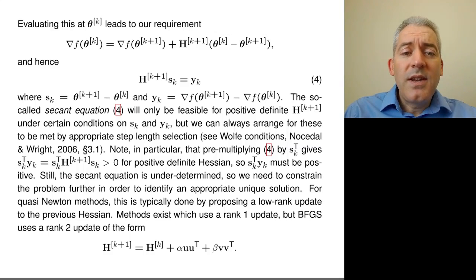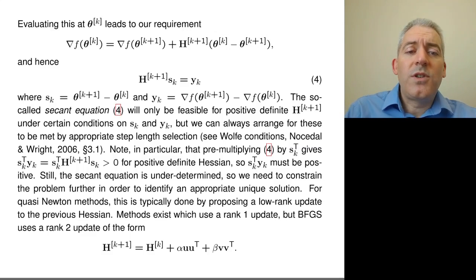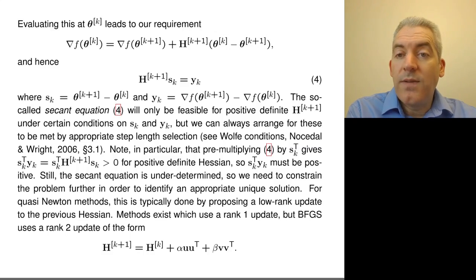Right, but this secant equation is still massively underdetermined. There are loads of degrees of freedom in this Hessian matrix, and this constraint is rather weak. So we need to constrain the problem a bit more. What we're going to do is consider a low rank update of our previous estimate of the Hessian. That seems like a smart thing to do.